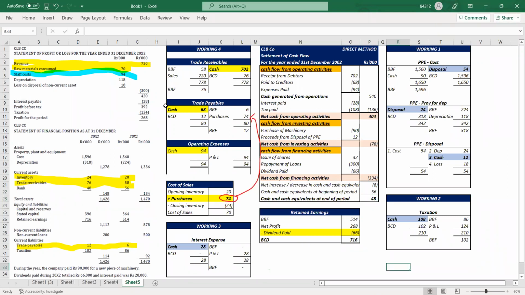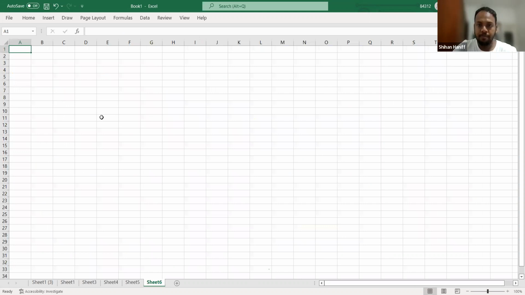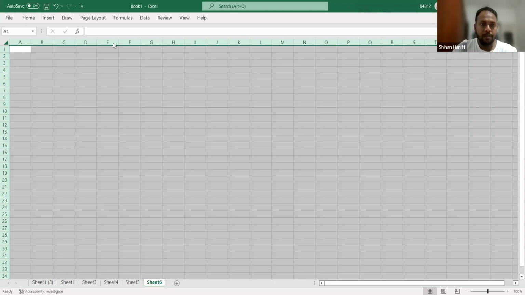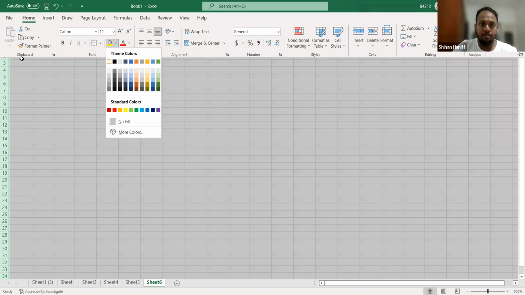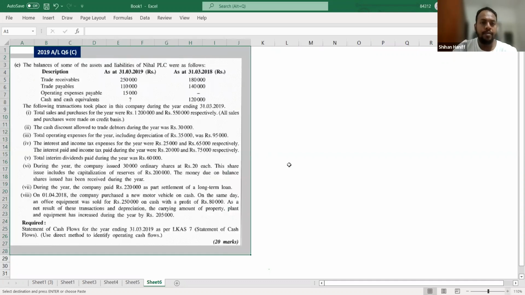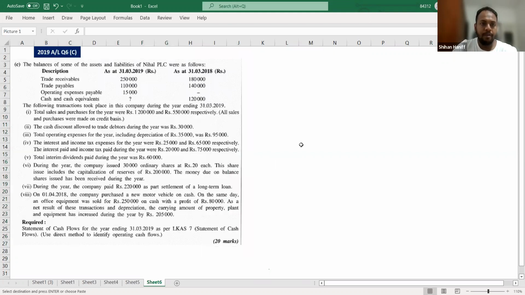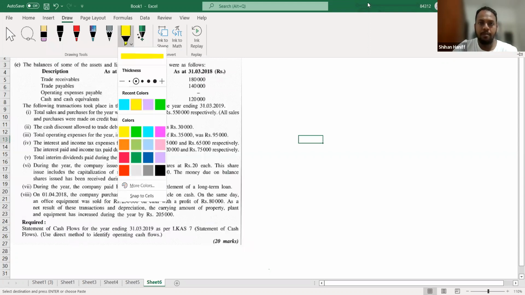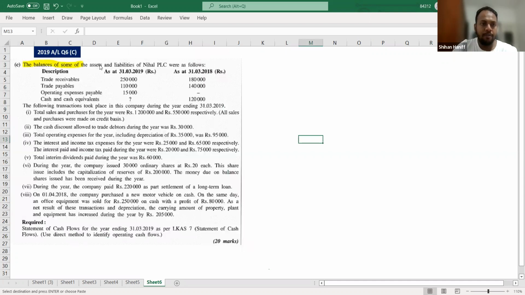Okay, right. Let's do 2019 paper. 2019 past paper, question number 6, part C. The balances of some of the assets and liabilities of Nihal PLC were as follows.